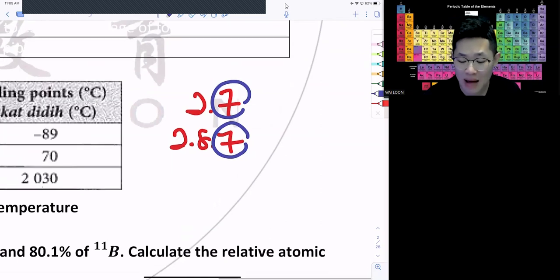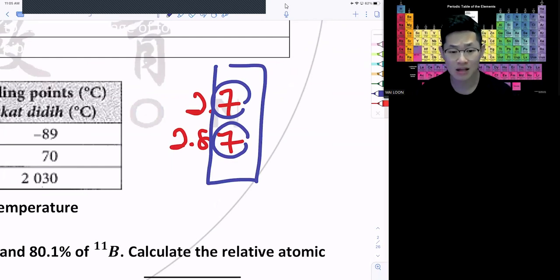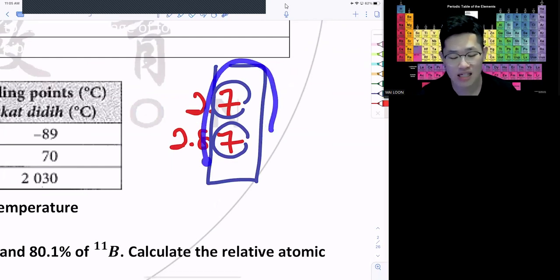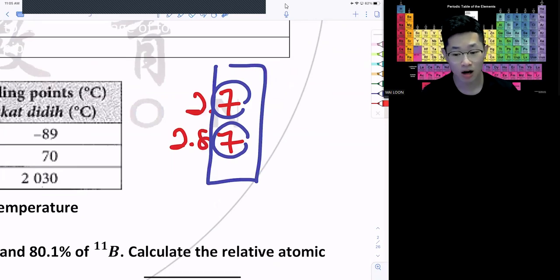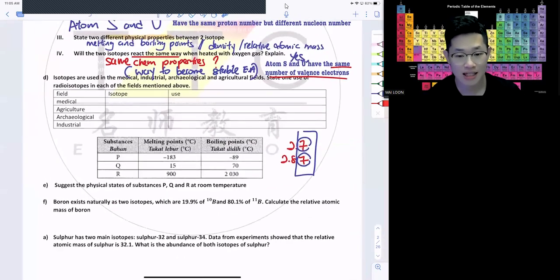It totally depends on the valence electron. How do they interact with the other atoms? It depends on the valence electron. So chemical property is talking about whether they donate or receive electrons.